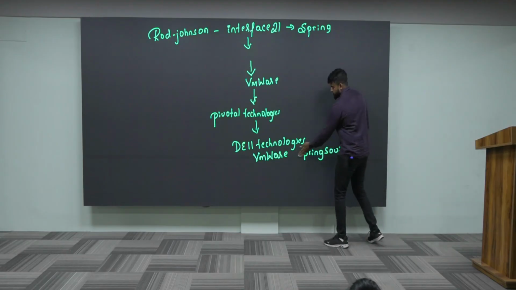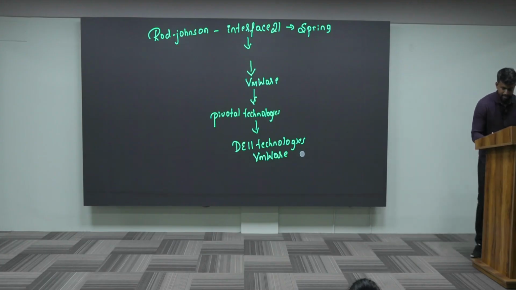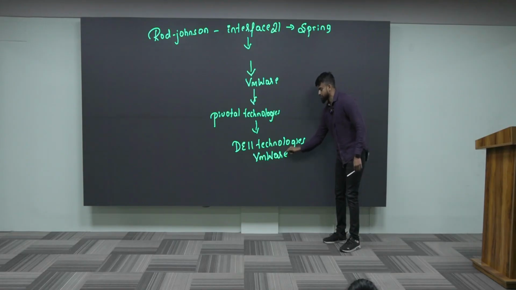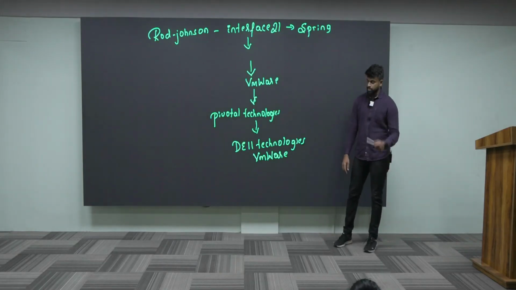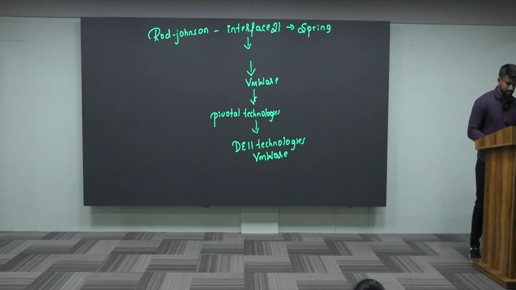Don't tell it as Spring Source. It belongs to VMware. Actually, VMware is a child company now. Who is the parent company? Dell Technologies. I can tell Spring belongs to Dell Technologies. Understanding? Great. So now you know which company it belongs to at this point of time.